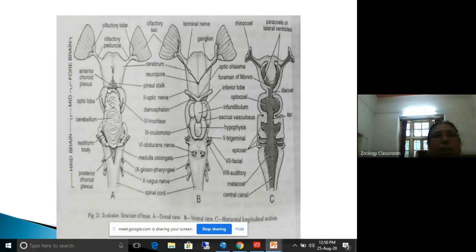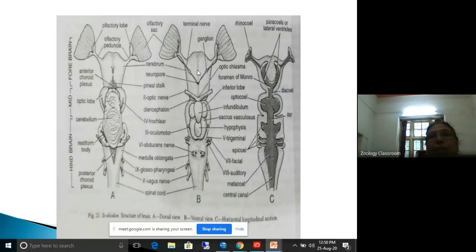Then the third part is the diencephalon, which is not seen because it is covered by the cerebellum and also the optic lobes. On the anterior side of the diencephalon there is the pineal body or pineal stalk, and the roof of the diencephalon also consists of the anterior choroid plexus. This secretes cerebrospinal fluid.